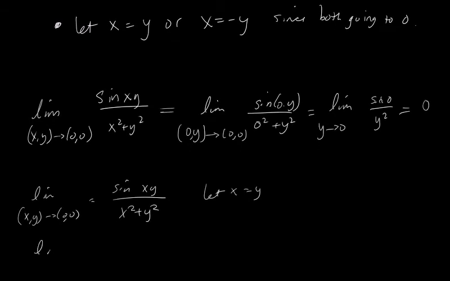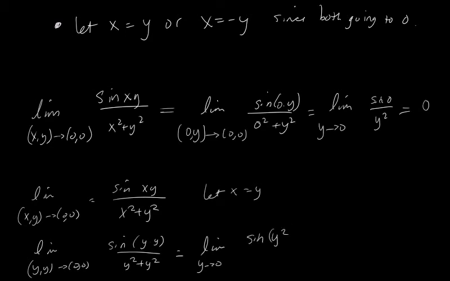Then what I get is the limit of (y,y) going to (0,0) of sine of y times y over y squared plus y squared. So that's going to be our limit as y approaches 0 of sine of y squared divided by 2y squared.